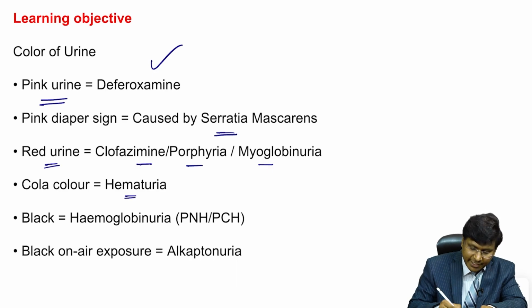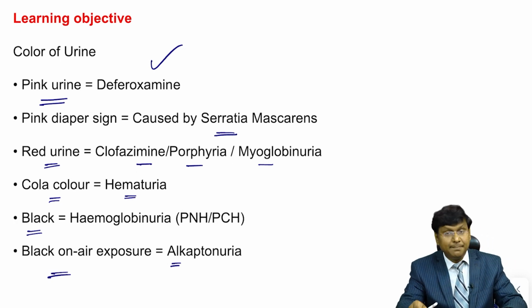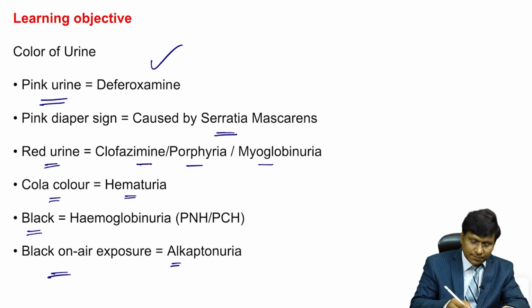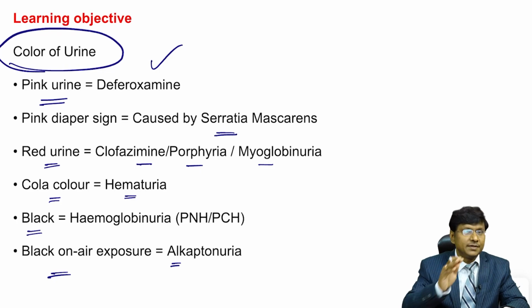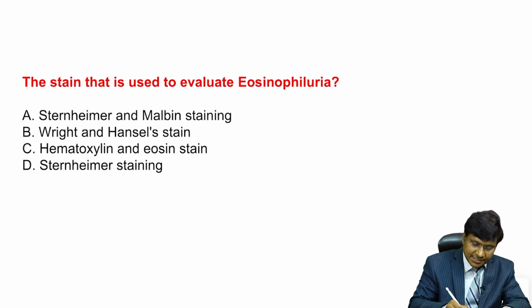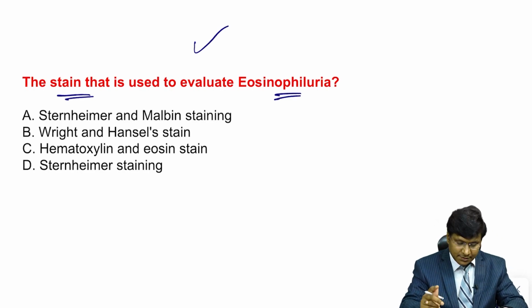In hematuria, you will have cola colored urine, in hemoglobinuria you will have black colored urine, and in alkaptonuria there will be black color urine on exposure to air. So this is about the color of the urine. Okay. Next question on urine analysis: the stain that is used in the evaluation of eosinophiluria.